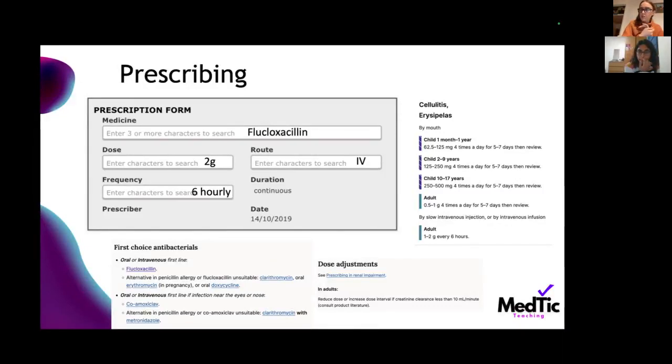And their creatinine clearance as well in the question was, I think, 45, so we didn't need to decrease it, but it's also always worth checking that there's no reason you need to adjust the dose, whether they're elderly or have renal impairment, etc. So once you click on flucloxacillin, you go to the indications, and it tells you by slow intravenous injection, you can give 1 to 2 grams every 6 hours.